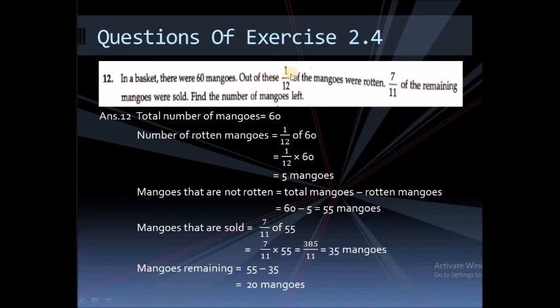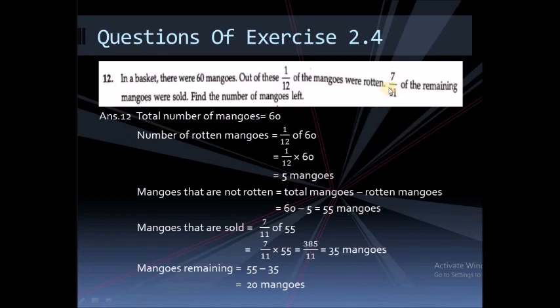So I can find the number of rotten mangoes first. The number of rotten mangoes will be 1/12 of the total number of mangoes, which is equal to 5 mangoes. So out of 60, 5 mangoes are rotten. So the remaining mangoes will be 55. Those are good. Okay, I can sell these 55 mangoes only, right?